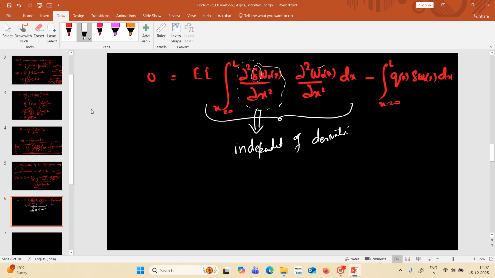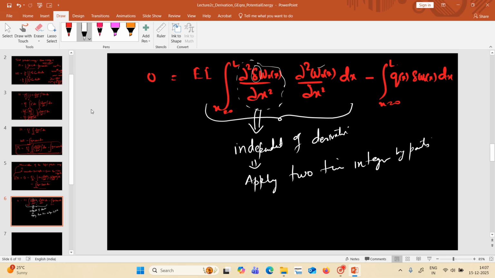So how many times do we have to apply the integration by parts? We will apply integration by parts 2 times. Okay, the same steps you can see in my previous video.